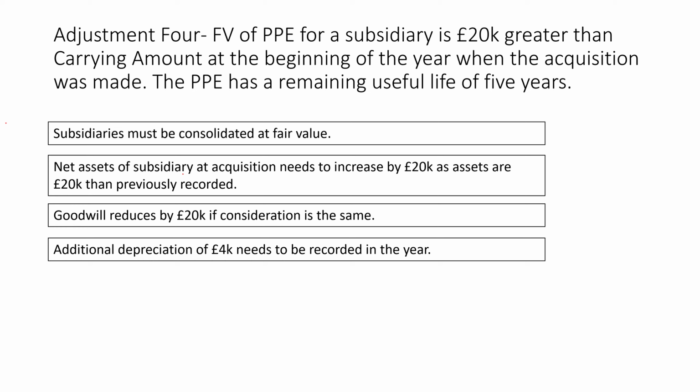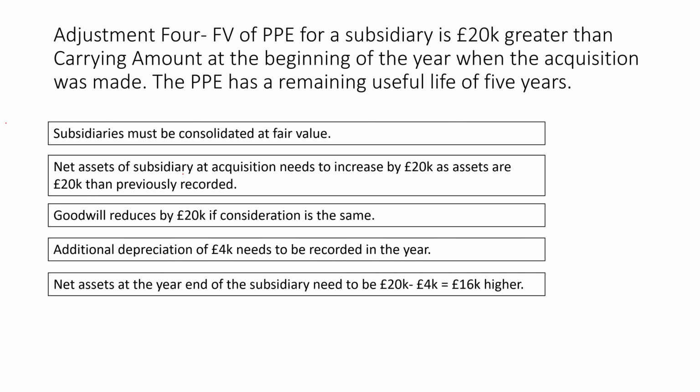Now, in these standardized workings, which we'll come on to, we always need to understand net assets at year end. And the net assets at the year end of the subsidiary are going to be 20k, which is the 20k coming from here, minus the 4k, which is the depreciation, and that gives us 16k higher.